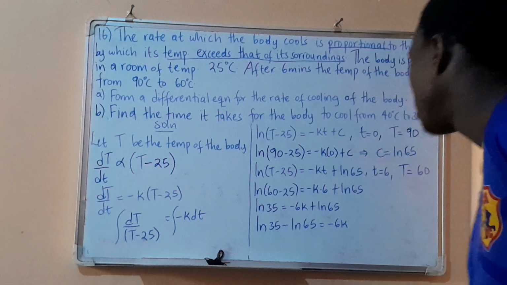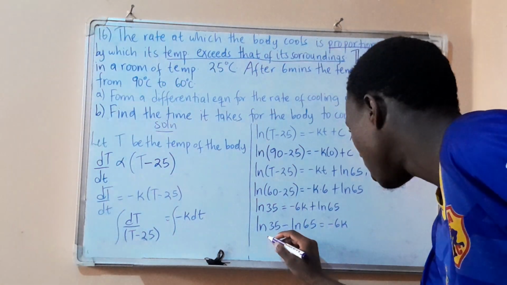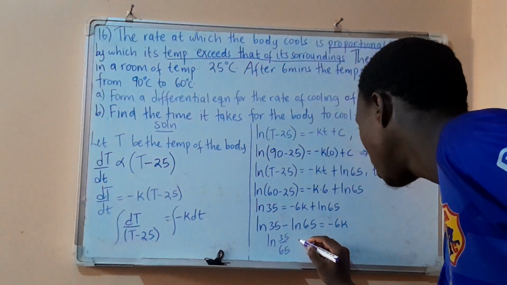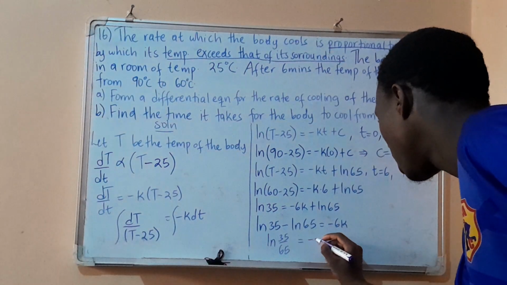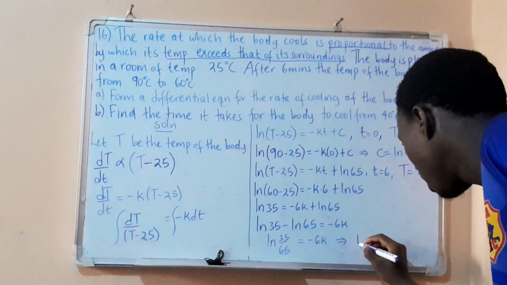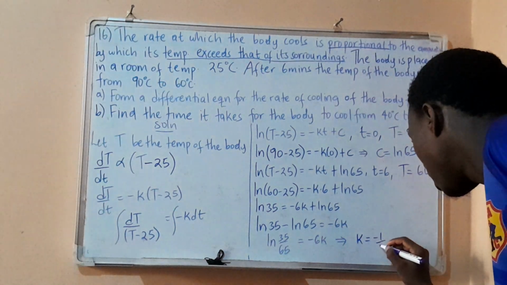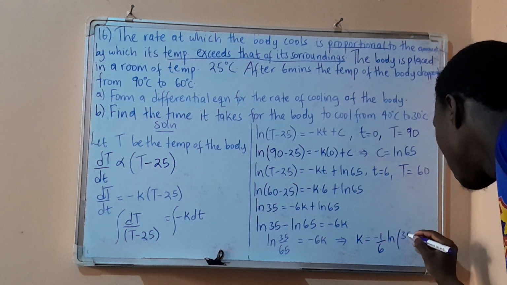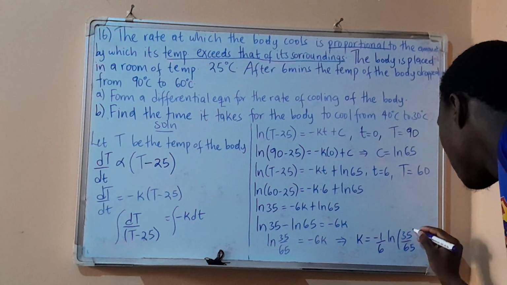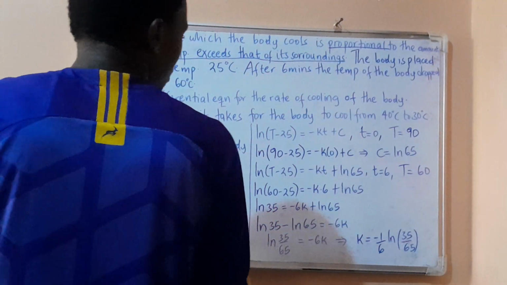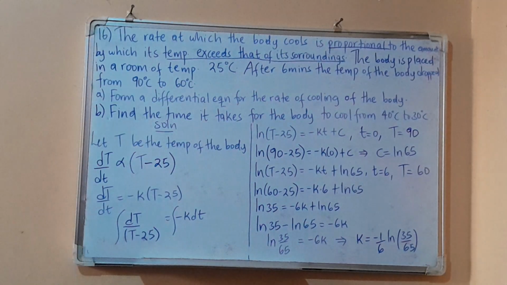This implies, by the law of logarithms, that natural log of 35 over 65 is equal to negative 6k, implying that k is equal to negative 1 over 6 natural logarithm of 35 over 65. We can actually reduce here. So we have that as our value. You take note of the question.